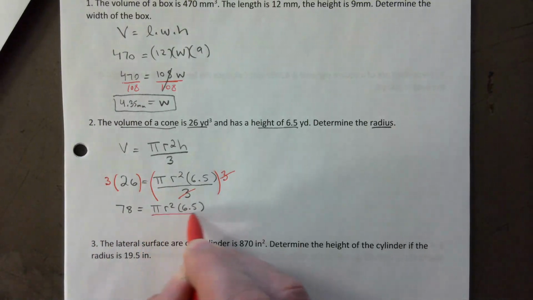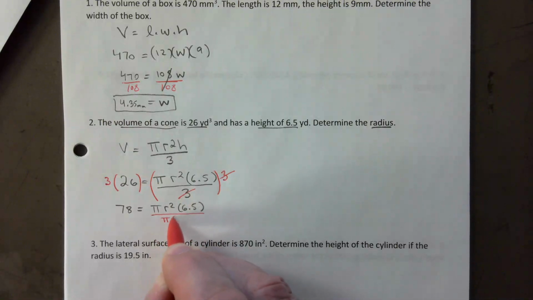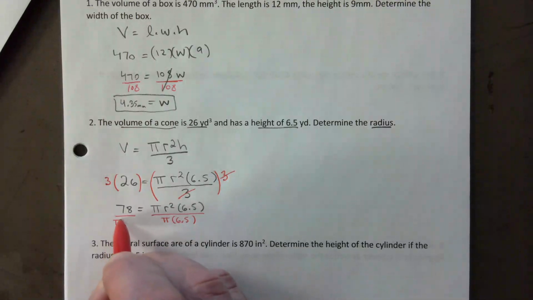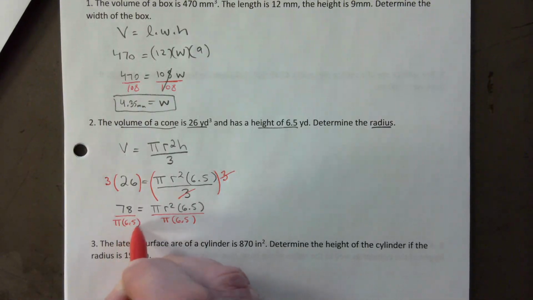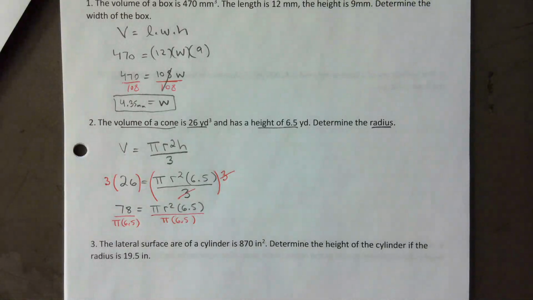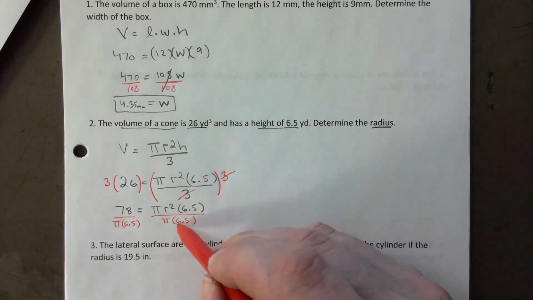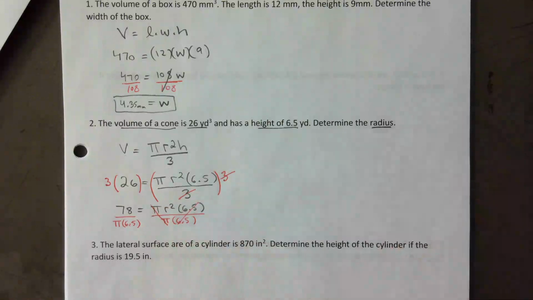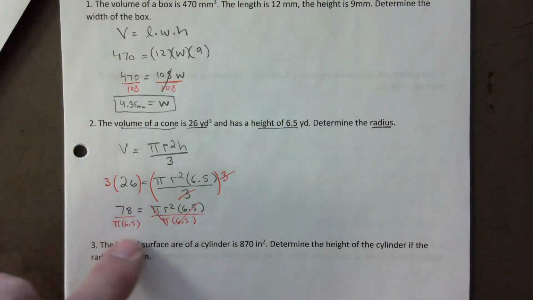You can divide this side by pi times 6.5, and do the same thing on the other side. I need you to see various ways of doing that. So cancel, cancel.